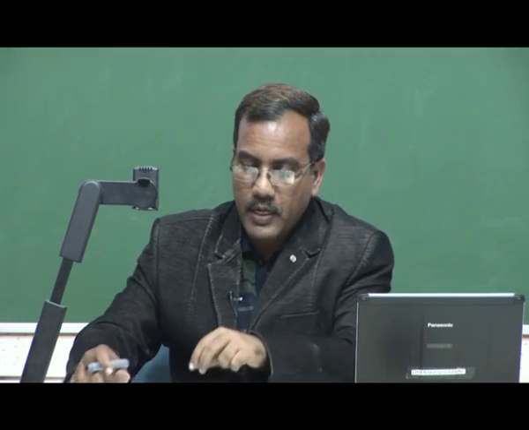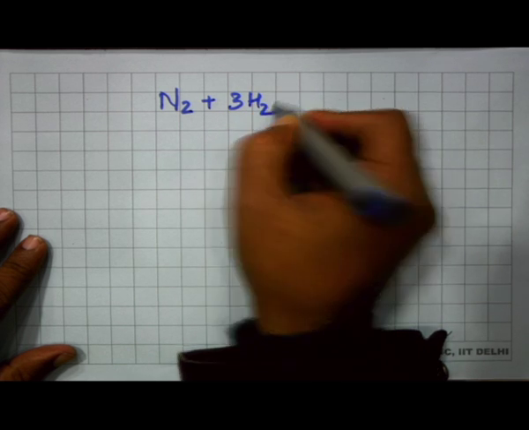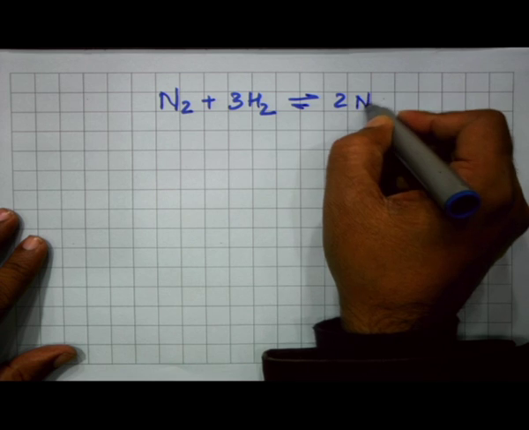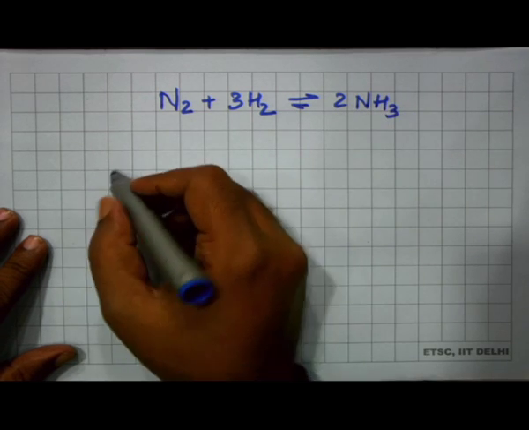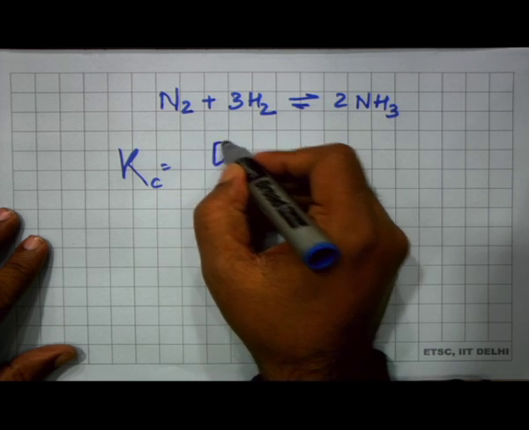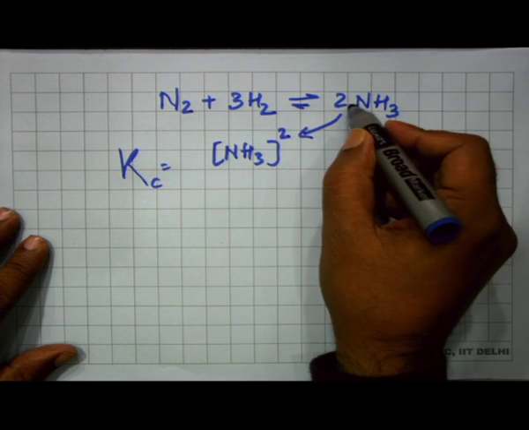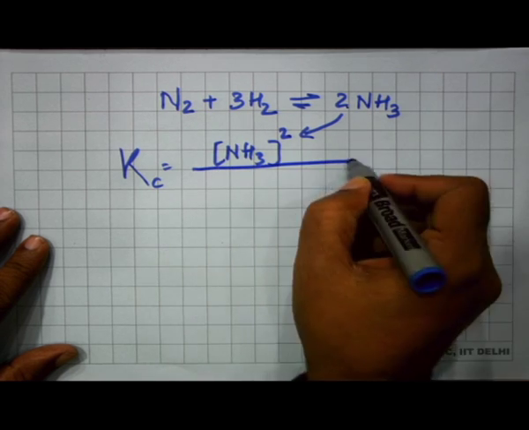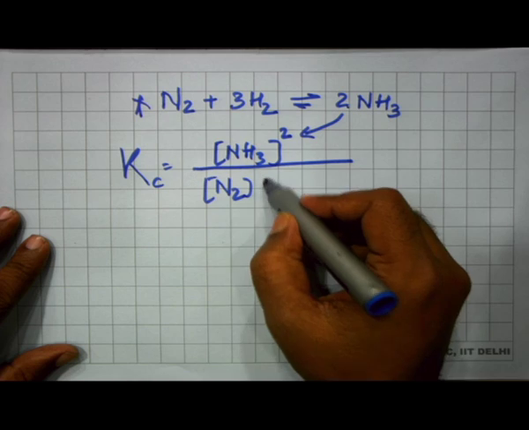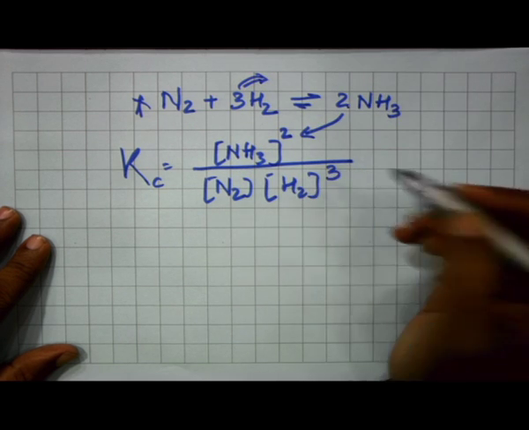So, suppose I take a reaction N2 plus 3H2 giving you 2NH3. In that case, Kc will be [NH3], the product, squared, since stoichiometry is 2, divided by [N2], this comes from here, multiplied by [H2], and since 3 molecules of H2 have been used, put 3 here.